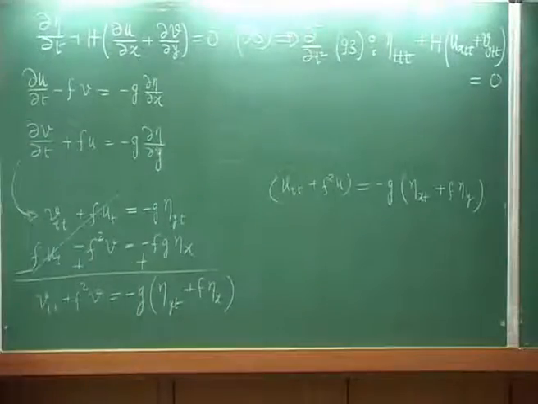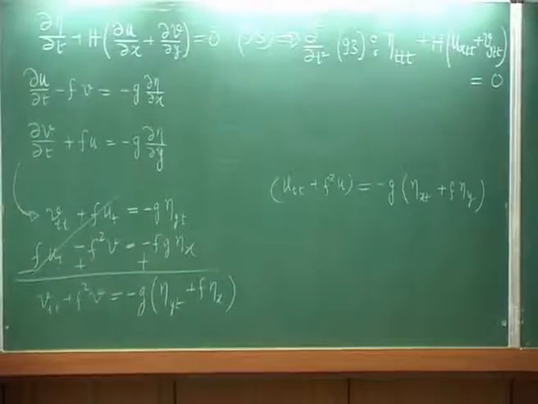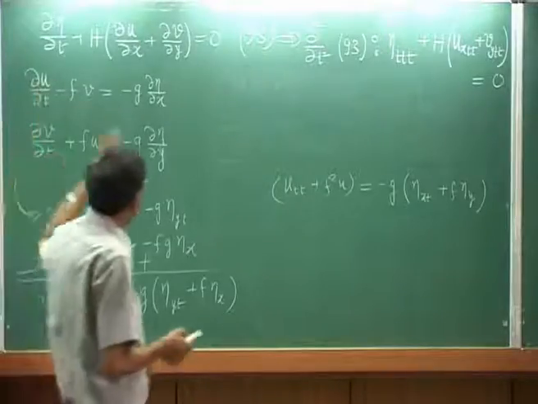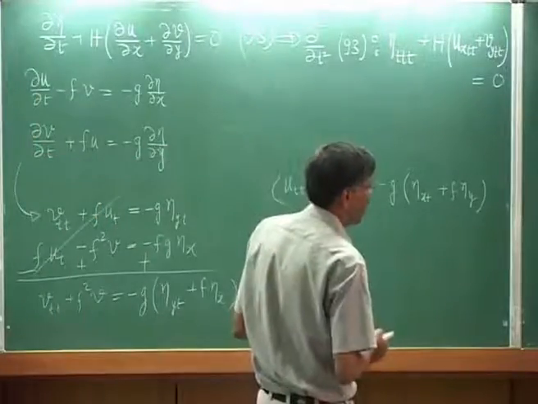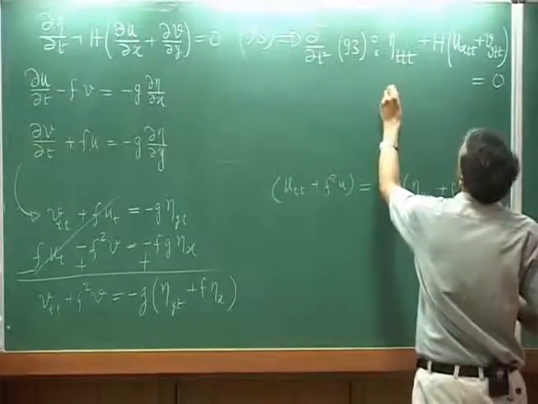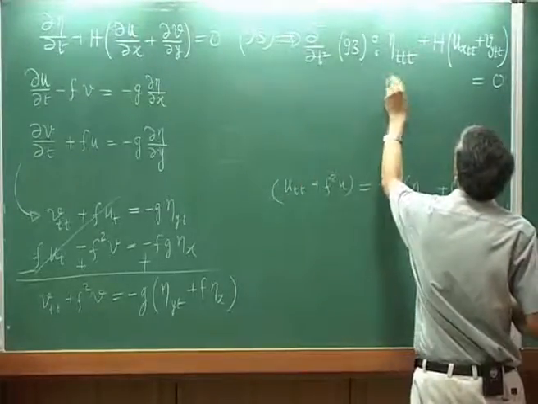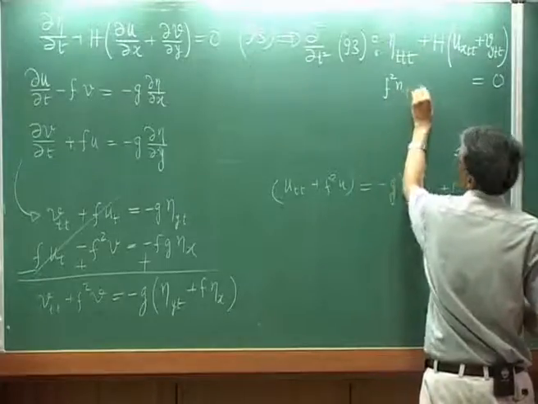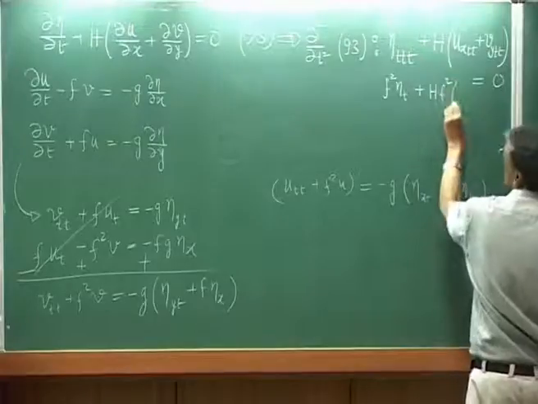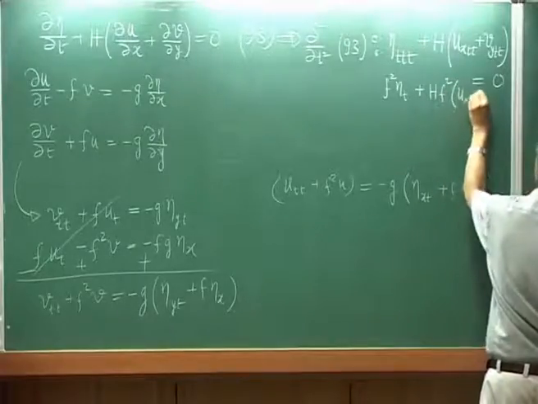That is our equation 98, and no, not yet. So, we have to add to it f squared times the same term, right. So, we are going to add to that f square eta t plus h f square u x plus v y.